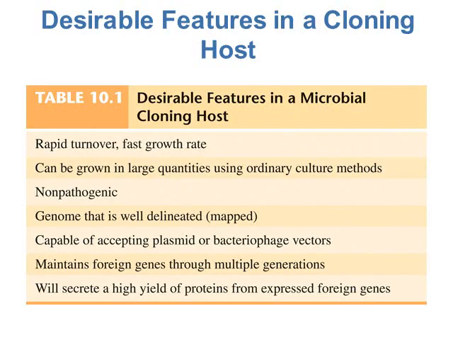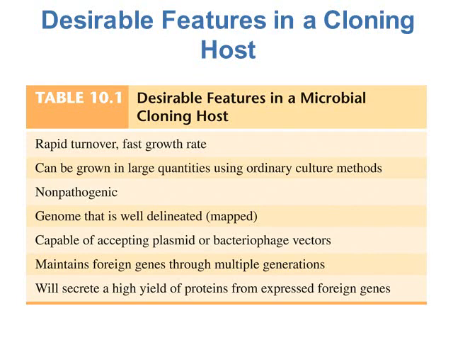Alright, so we looked at the vector, the piece of DNA that's going to hold our gene of interest. We have to put this vector into a cloning host, and usually we use microbial cloning hosts because they replicate very quickly. So we want a host with rapid turnover and a fast growth rate. The microbe can be grown in large quantities using ordinary culture methods in the lab.